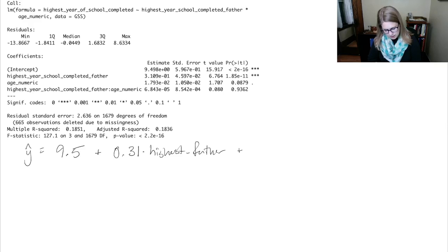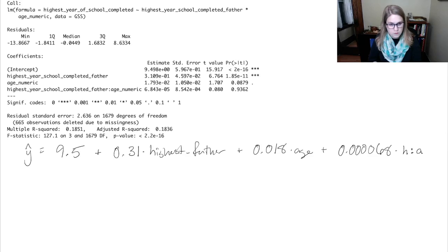And then the next one has a minus 2, so it's going to be 0.018, let's say, times age, plus, and this last one has a minus 5, so it's going to be 0.12346 times, I'll just say h colon a for that interaction.